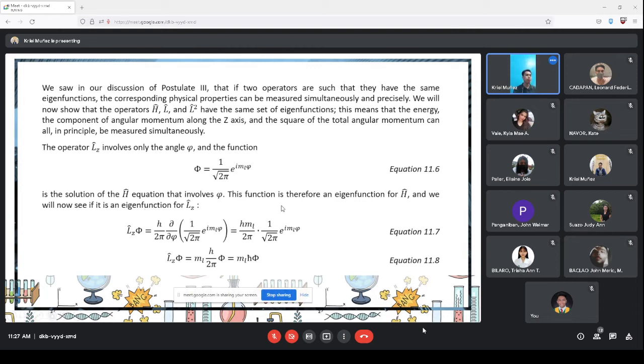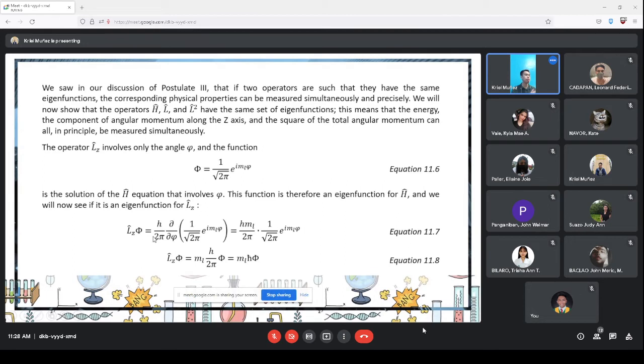Okay, so we just have to use this operator and act it upon the given wave function. So we have L sub z hat acting upon the phi equation.